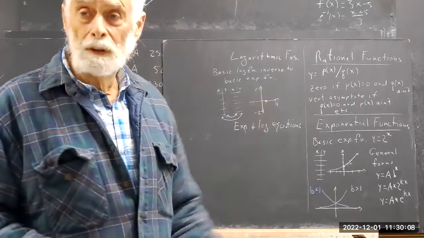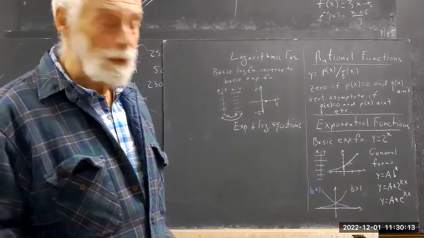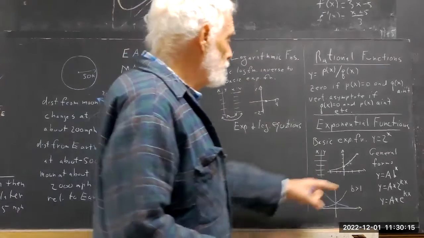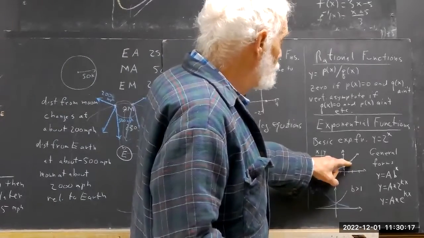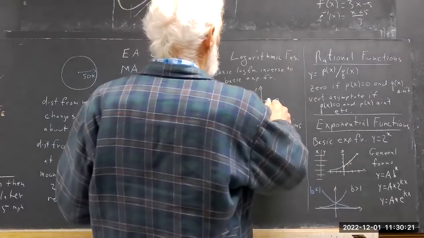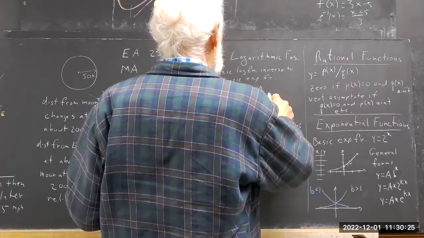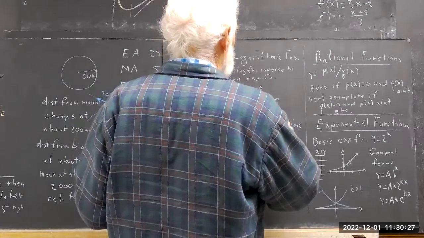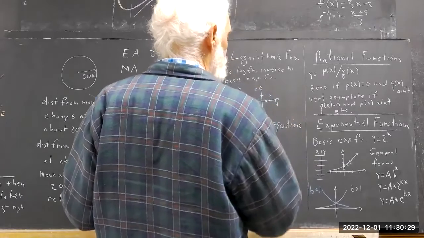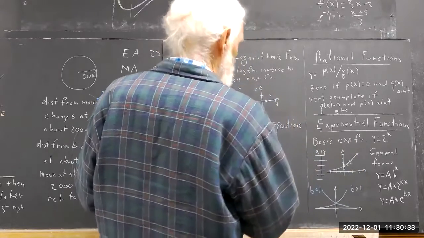That's going to be a point that you really want to focus on. And inverse to the point 1, 2 on your basic exponential function is the point 2, 1. Here's 2, here's 1, so here's the point 2, 1. And inverse to the point 2, 4 is the point 4, 2.